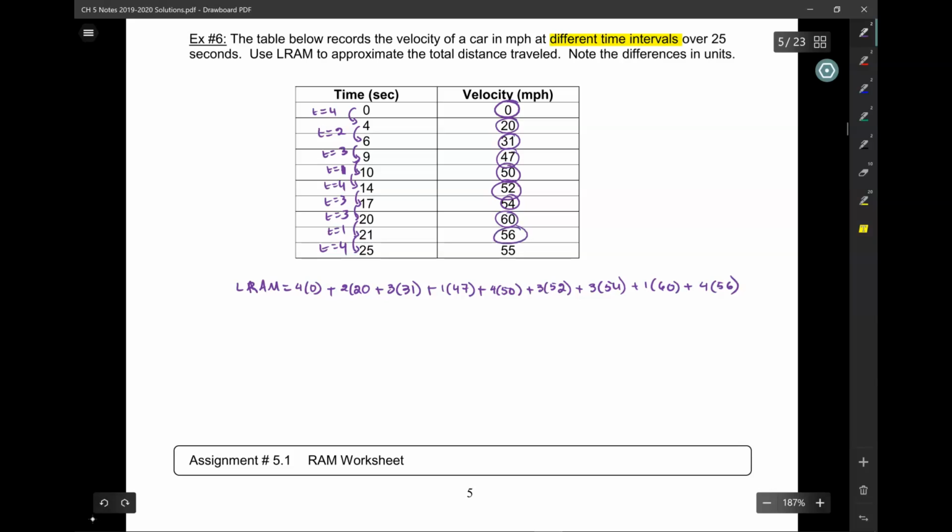You know that with LRAM and MRAM, there's going to be one on an end to be left out.